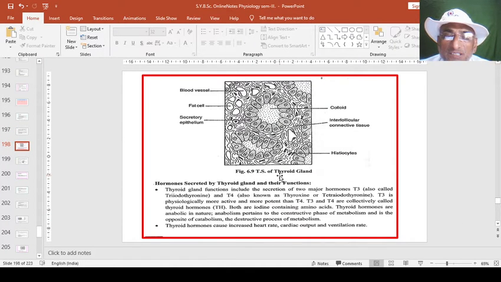So here you can see in picture the transverse section of thyroid gland. It shows the structure of follicle. So this one is another follicle, and these are the follicles, and in between the space is interfollicular space in which the connective tissues are there.